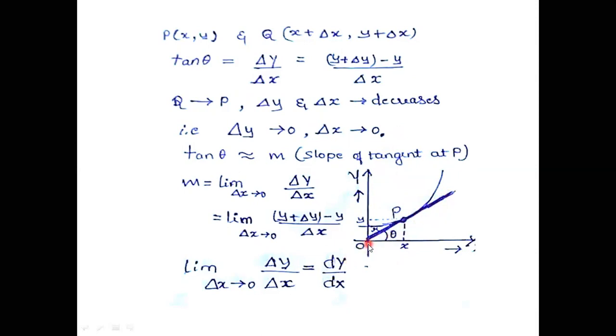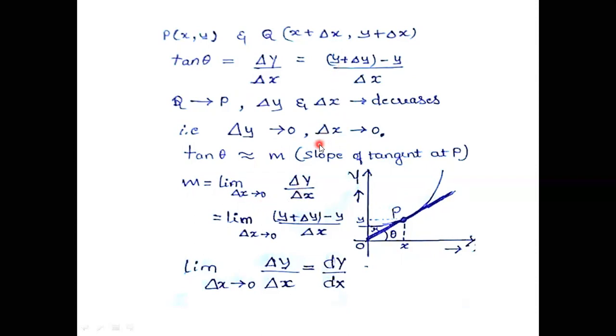Okay. The slope of the tangent at P. This straight line will be the slope of the tangent at P. The slope notation is m. So when delta y and delta x approach 0, the tan theta value will be equivalent to that of the slope. Okay. So we can write the slope by using the limiting function, that is, the limit of the ratio delta y by delta x when delta x approaches 0.